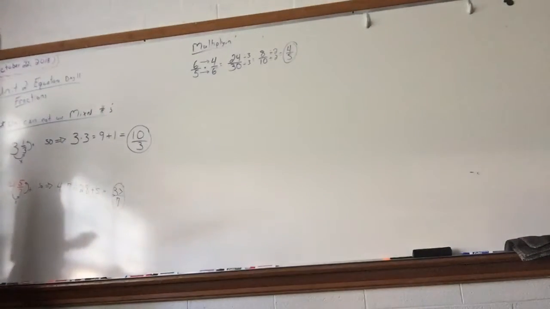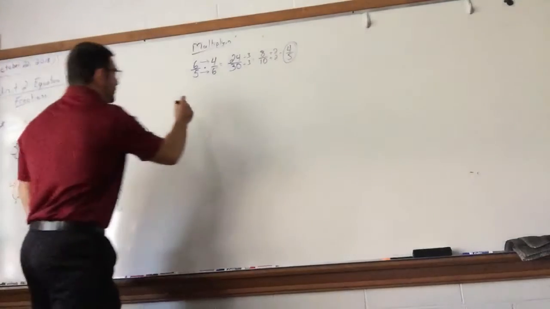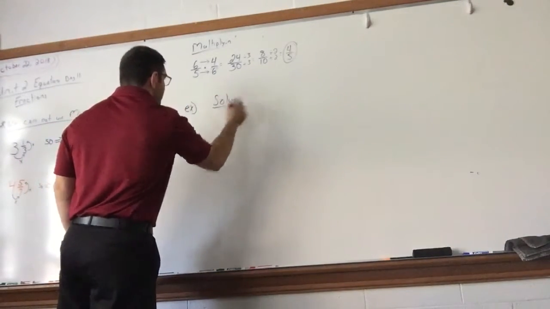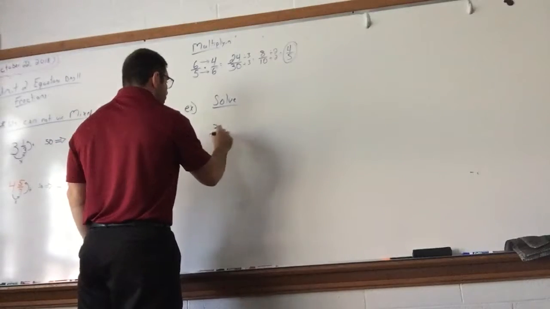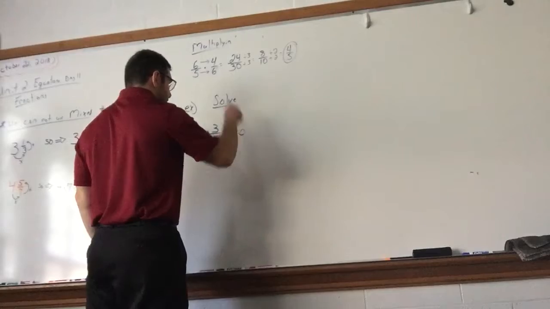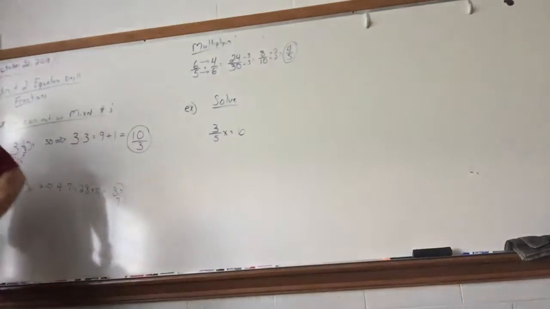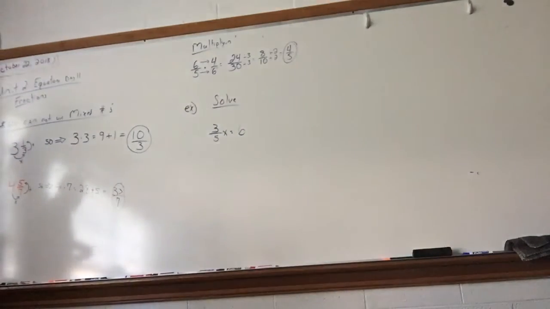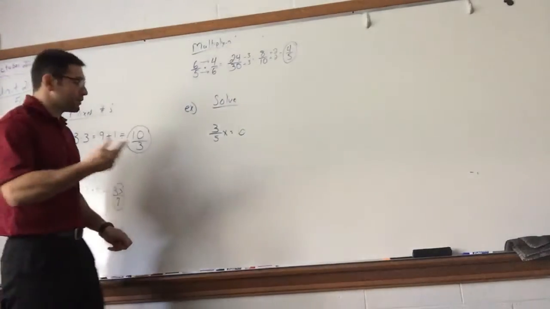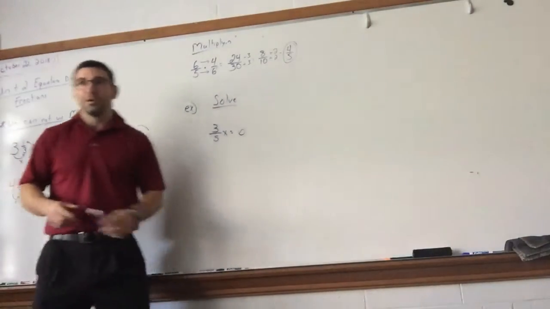Okay, here we go. Ready? So here's our first example. It's going to say solve. We've got 3/5 x equals 6. And you know a word, but I'm going to reinforce it today.